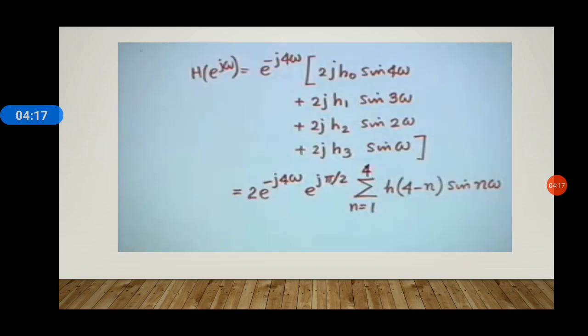And if we replace it by e to the power j omega, instead of cos, what we get is sine. Now if it is sine, we have a phase difference of pi by 2, that is omega minus pi by 2.